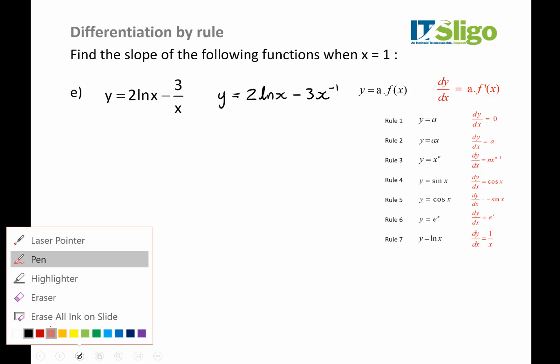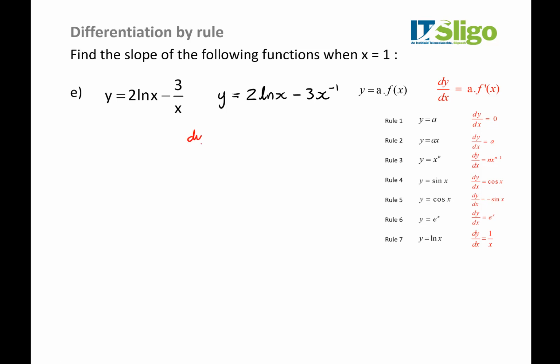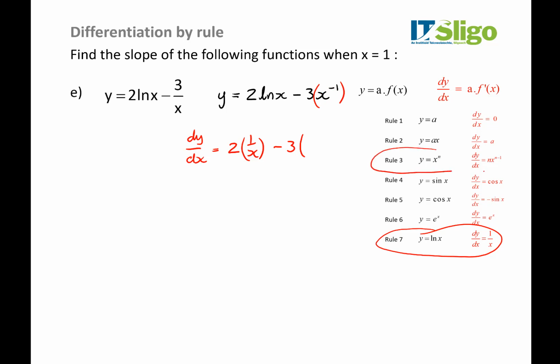So now when I get my derivative, dy dx, the 2 stays. The derivative of natural log is just 1 over x. The minus 3 stays. Again, I'll just do it a little bit more laboriously. I think I might have gone through some of the other ones a bit faster. So the minus 3 stays. Now, using rule 3, I bring down the power.